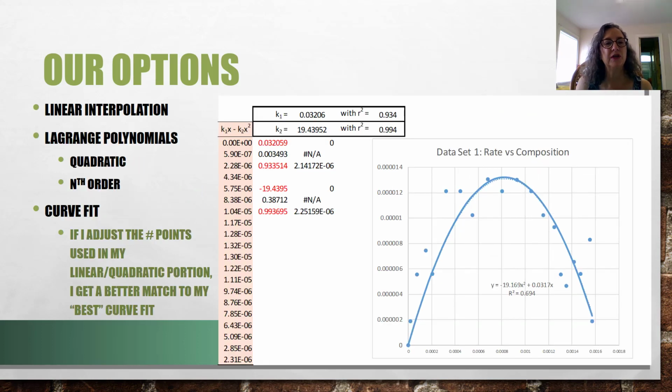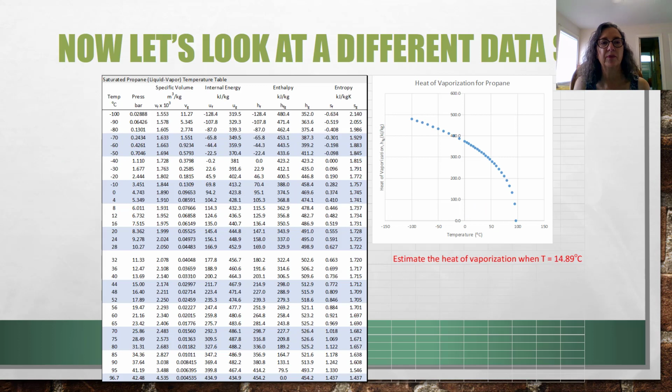Now, if you adjust the number of points that you used, basically I threw out a couple of outliers, then you're going to get a better curve fit. But nonetheless, a curve fit for poor quality data will be your best way of doing an interpolation.